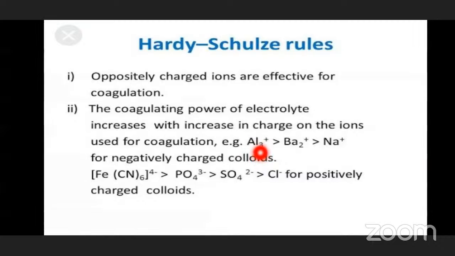Therefore, aluminum participates in more coagulation compared with barium and sodium, because barium has +2 valency and sodium has +1 valency. Due to the higher valency, aluminum forms the coagulation within a fraction of a second, compared with barium.